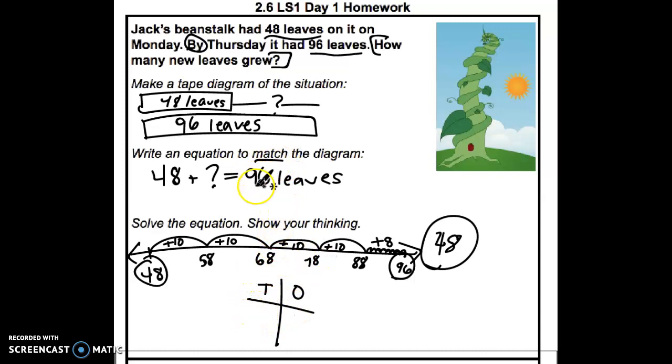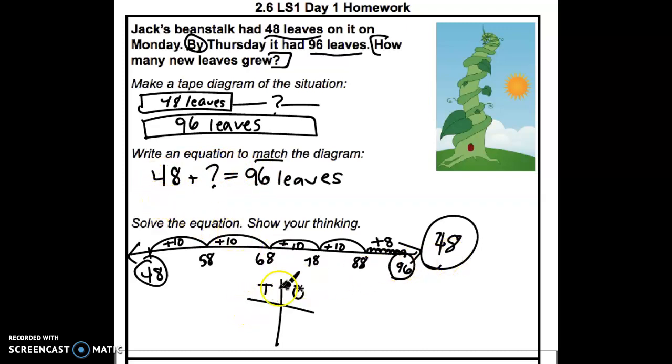So in class we talked about how addition and subtraction are related. This shows addition because we're starting from one point, we're adding to get to another point. But this equation can also be solved with subtraction. We'll start with 96 this time and take away 48.